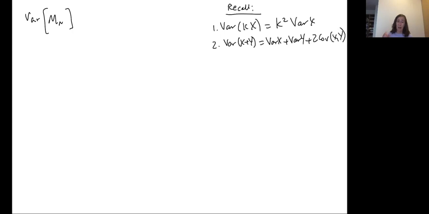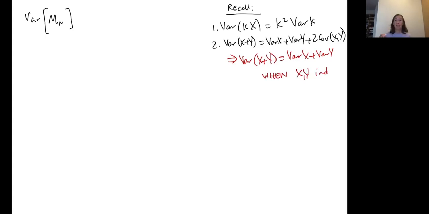Okay, that's fine. Another thing that we didn't make too much of at the time, but it's going to matter for us right now, is that this implies that the variance of a sum is the sum of the variances when x and y are independent.